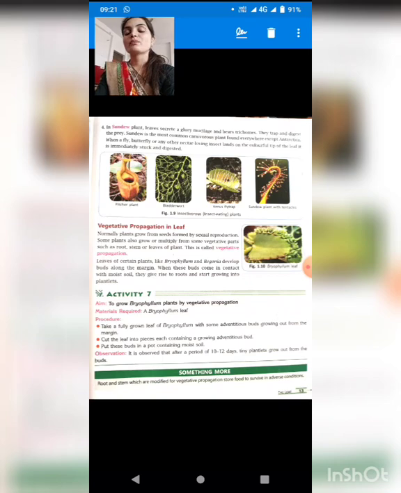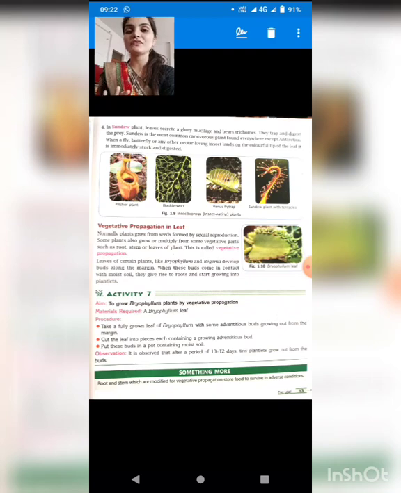Now the last topic of this chapter, students, is vegetative propagation in leaves. Firstly you have to know what vegetative propagation means. When reproduction, or regrowth of a plant, takes place from the vegetative part of the plant. What is the vegetative part of the plant? Leaving the flower, the rest of the plant is known as the vegetative part.